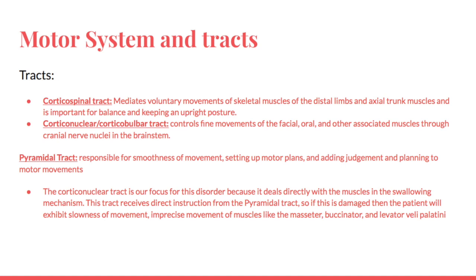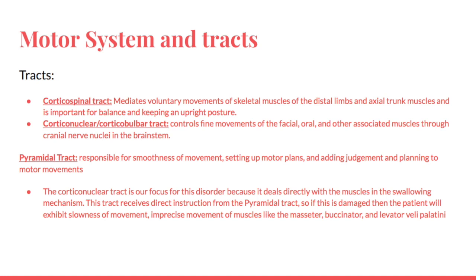And then lastly is the pyramidal tract, and this is where the corticospinal and the corticonuclear get directions from. It's responsible for smoothness of movement, setting up motor plans, and adding judgment and planning to motor movements. The corticonuclear tract is our focus for this disorder because it deals directly with the muscles and the swallowing mechanism.